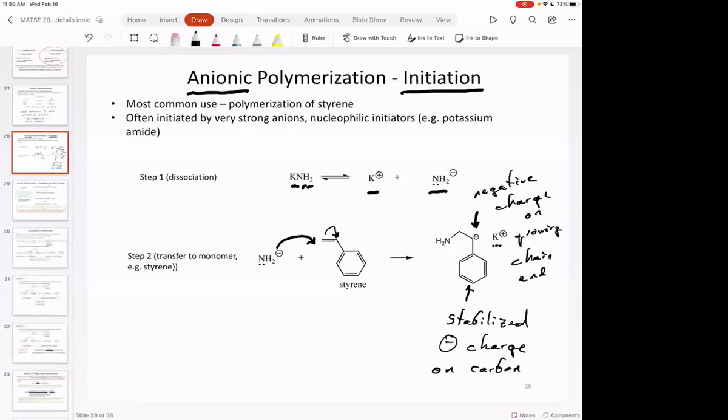So what if I tell you you have a bunch of styrene and you don't have any polymerization? What are some causes? Let's say you're mixing stuff up in your lab, you're having fun making polystyrene, and you don't get any polymerization. What might have happened? Go ahead.